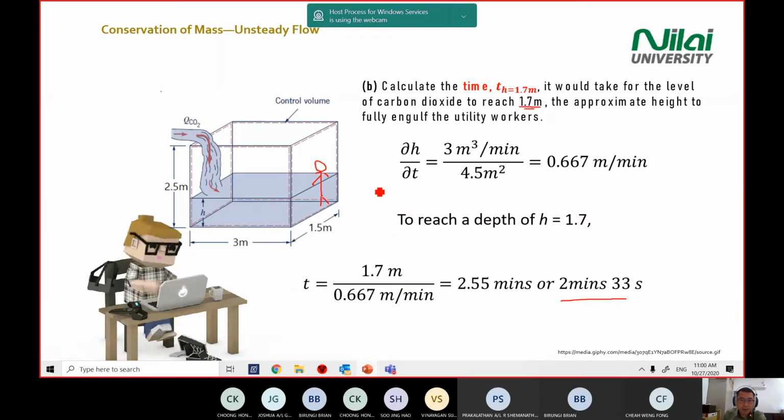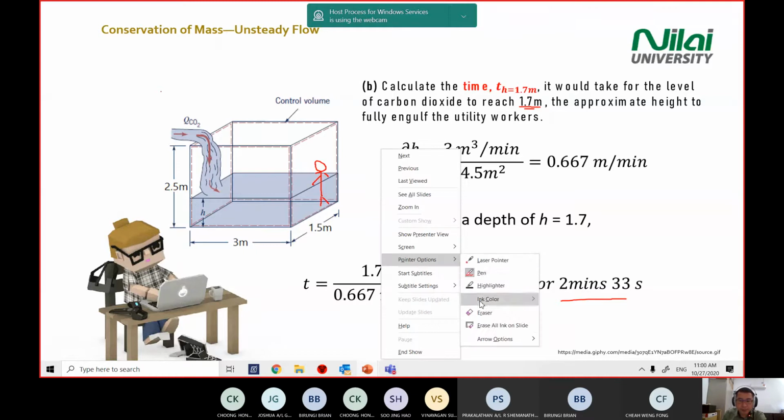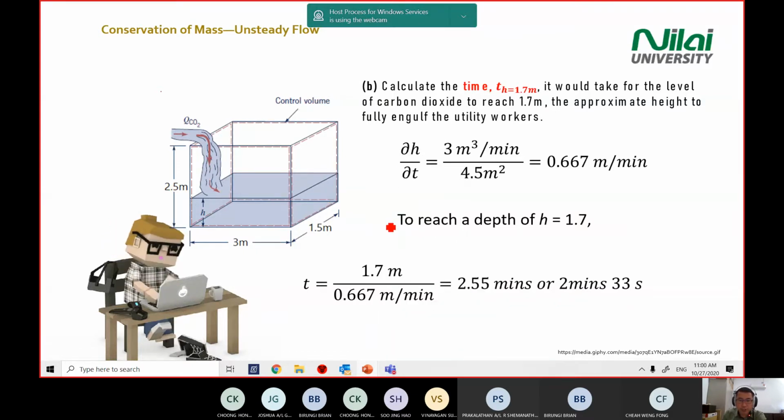Okay. So this is how we solve for the A and B.